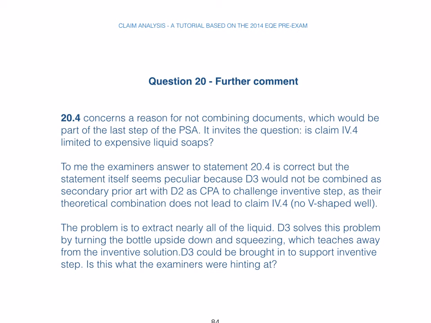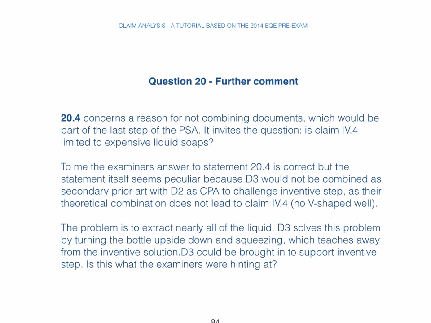For 20.4, it concerns a reason for not combining documents, which would be part of the last step of the problem and solution approach. It invites the question, is claim 4.4 limited to expensive liquid soaps?